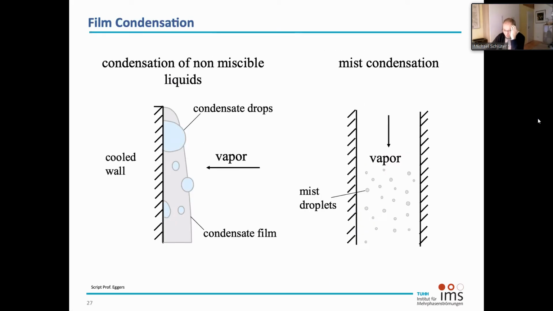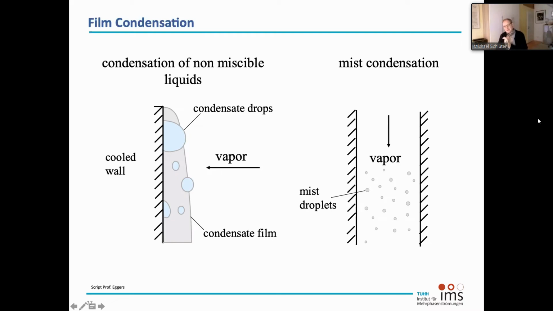So another important point is that you might have some non-miscible liquids. I already mentioned oil. So very often in industry, you have oily vapors. And in that case, you have to be aware of oil that is condensating with the vapor droplet. So here the vapor is flowing to the cooled wall, because don't forget, if you cool down steam and the steam condensates, then the volume of the steam rapidly drops down.